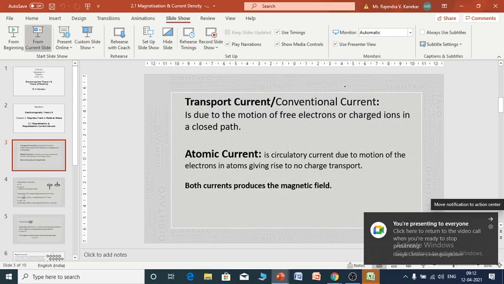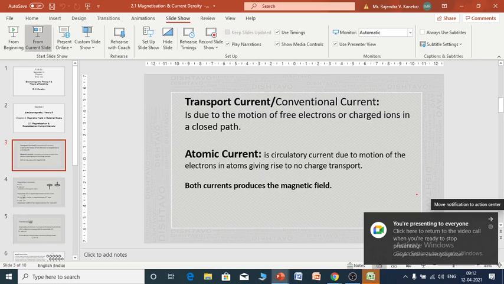So if all the atoms are uniformly distributed, the magnetization current will be 0. If the distribution is not uniform, the magnetization current will not be 0, because on one side there will be more current, in this case downward, than the current moving upward. So the equivalent current will not be equal to 0.